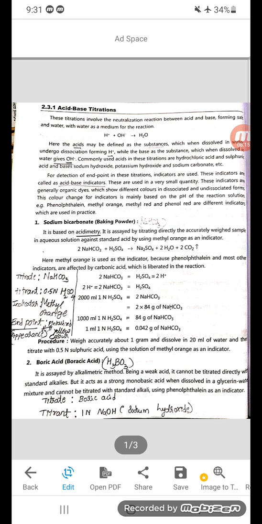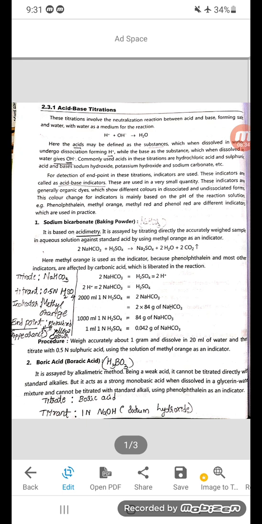These are titrated against standard hydrochloric acid using methyl orange as the indicator. At the end, the yellow color formation indicates the endpoint.